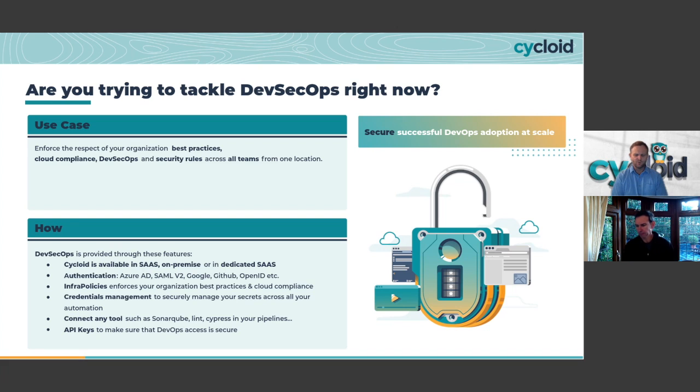From the authentication perspective, it's also very important to have a single sign-on mechanism. Here, for example, we can have SAML v2, OpenID Connect, which can connect to any identity provider, and this is obviously very important. Also, you can enforce organization best practices and cloud compliance.